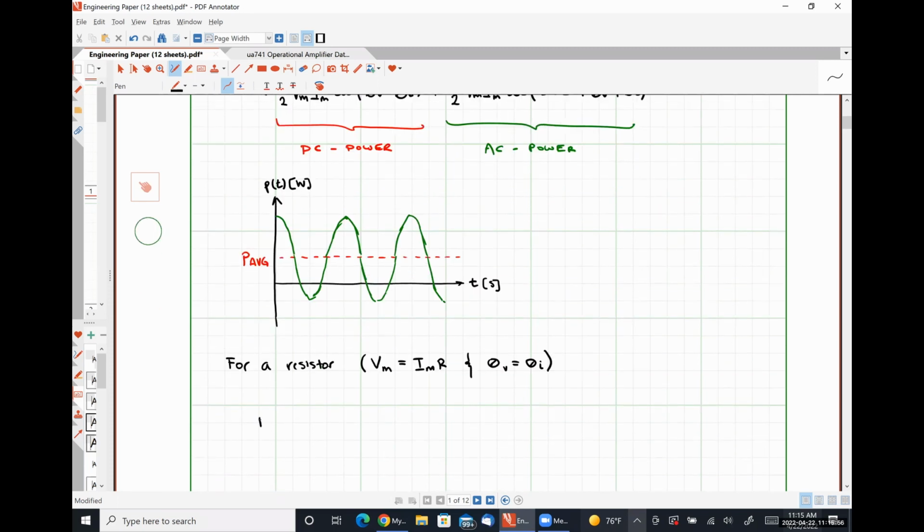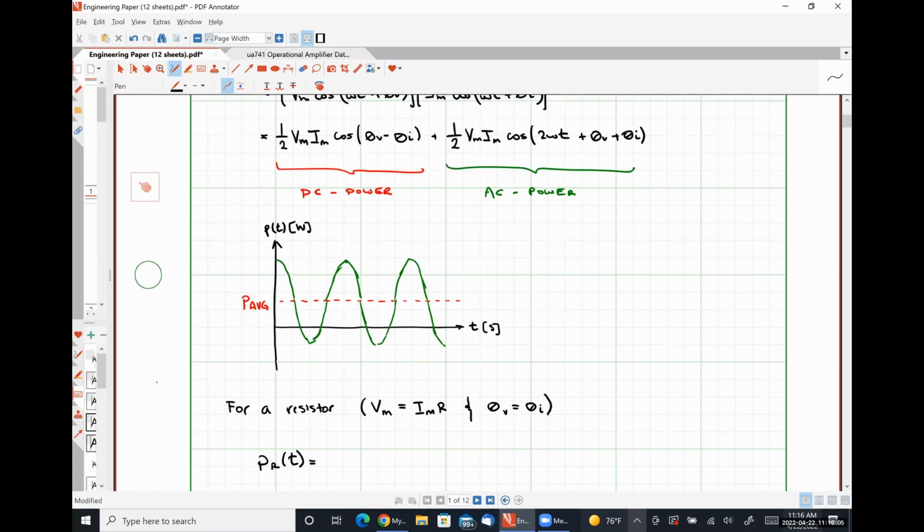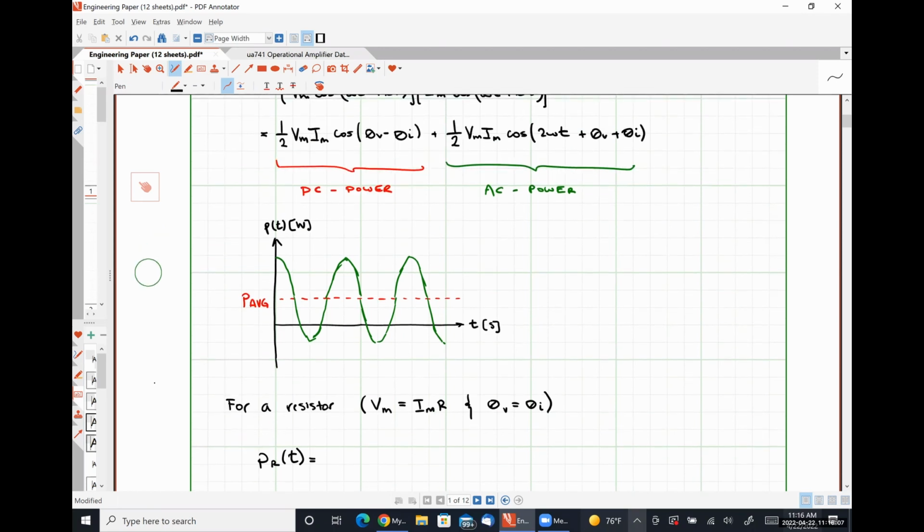So for a resistor, we can say that PR of t is still going to be 1/2 Vm times Im, right?